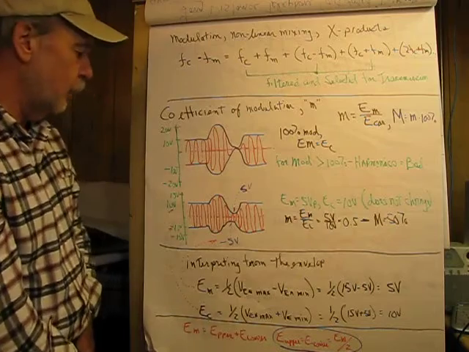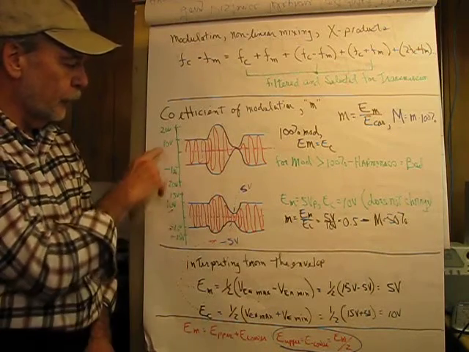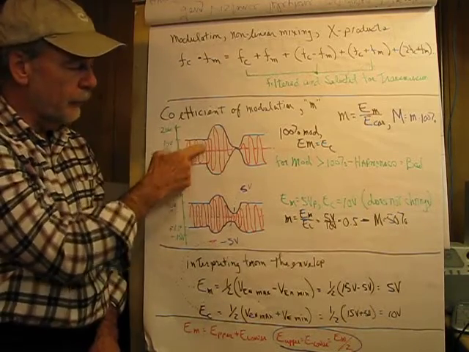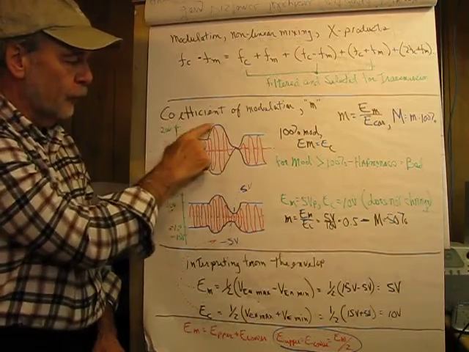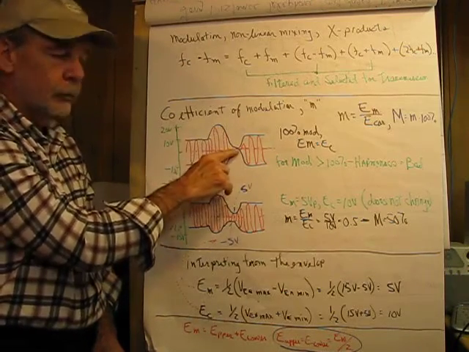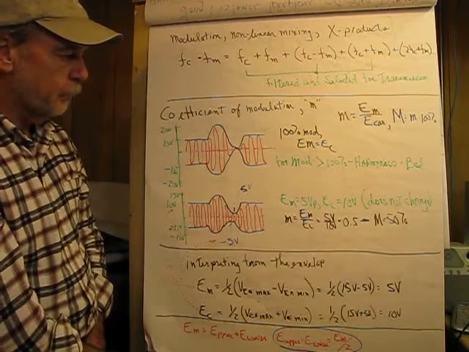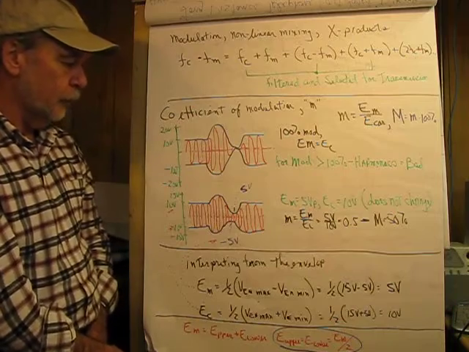So, anyway, under 100% modulation what we see is our carrier sitting here with 10 volts, and a modulation is applied at this point. And when the modulation is applied, it goes up to 20 volts and down to 0 volts. So in that, we can see that the modulating voltage is equal to the carrier voltage.